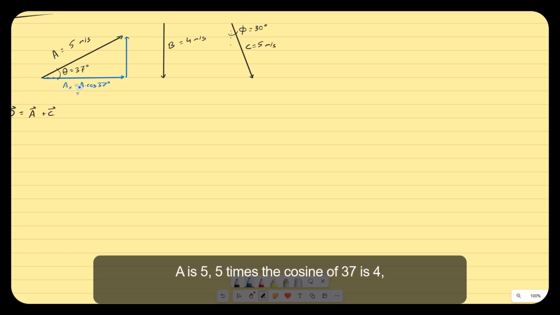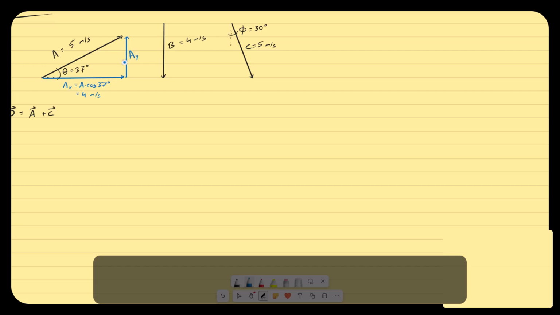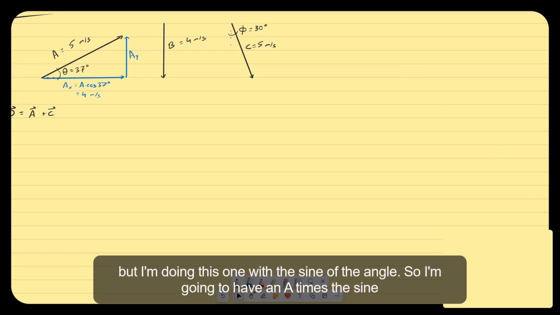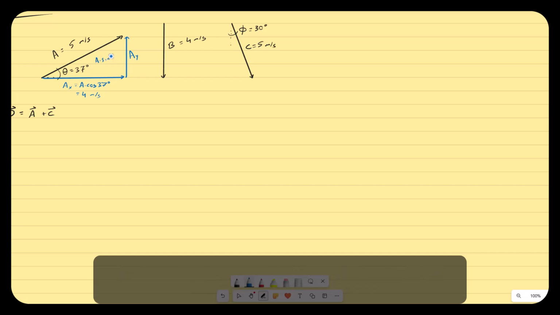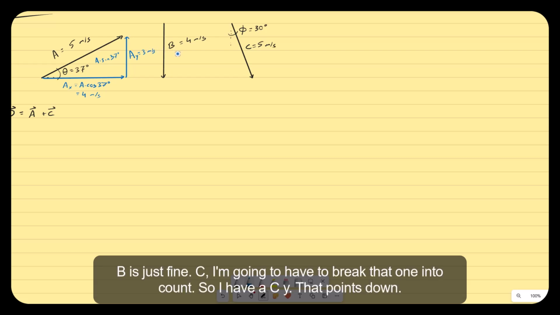A is 5, 5 times the cosine of 37 is 4, and I'm looking at meters per second. AY, I'm going to do the same thing, but I'm doing this one with the sine of the angle. So I'm going to have an A times the sine of 37 degrees, and that's going to give me 3 meters per second. B is just fine.